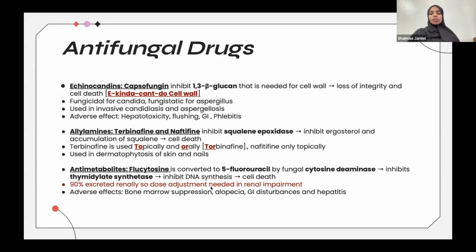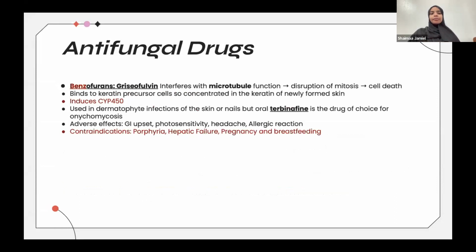And 90% of it is excreted renally, so you need to adjust it for renal impairment. And basically, since it inhibits DNA synthesis, you can think that it's going to cause stuff that are similar to chemotherapeutic agents, which is bone marrow suppression, alopecia, and so on.